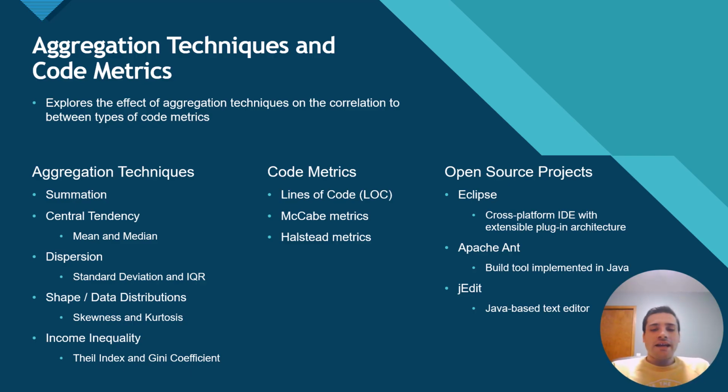And then Apache Ant is a build tool that is implemented in Java, and I believe that it was originally introduced as a substitute for Make. And then JEdit is a Java-based text editor that is targeted for programmers.